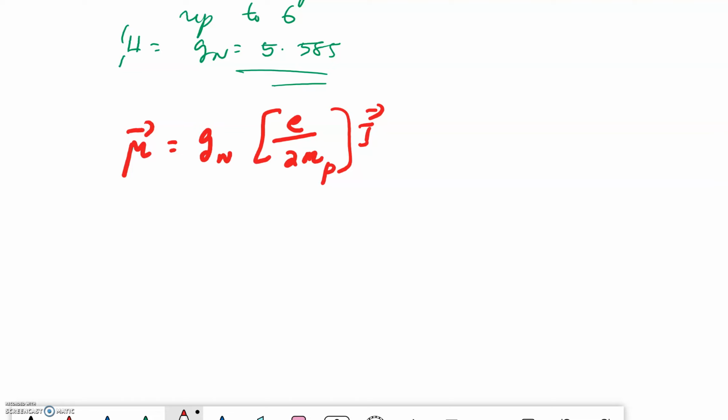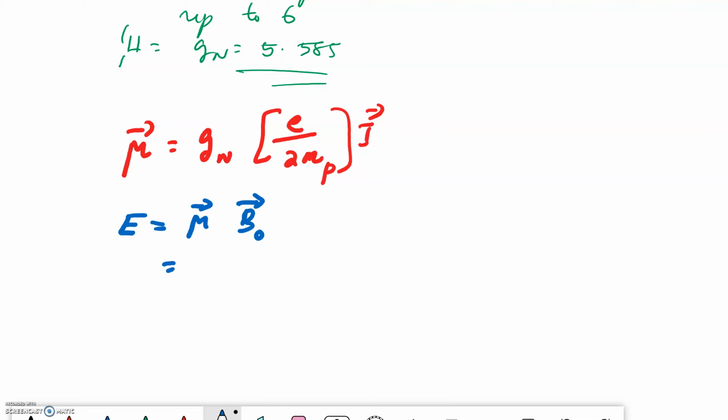When we apply an external magnetic field, the nucleus will align itself to the magnetic field. Then the potential energy is the product of the nuclear magnetic moment and the applied magnetic field strength B0.